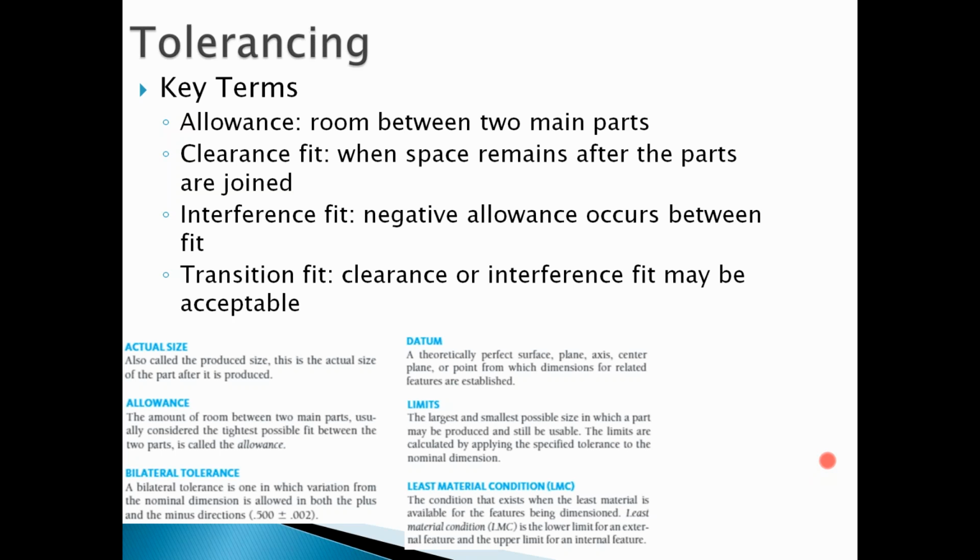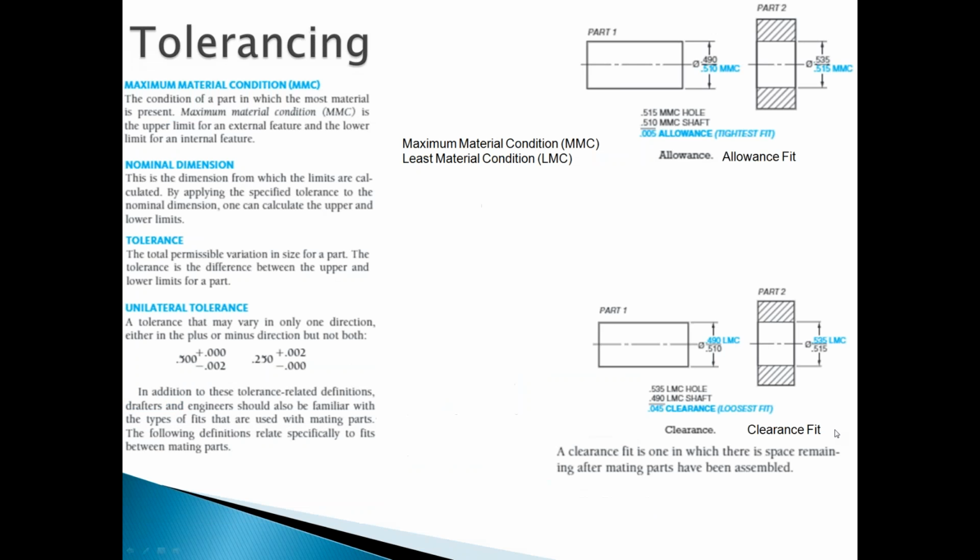If you look at the next one, you can see some good examples there. And maximum material condition, MMC, is the condition of a part in which the most material is present. MMC is the upper limit for an external feature and the lower limit for an internal feature.